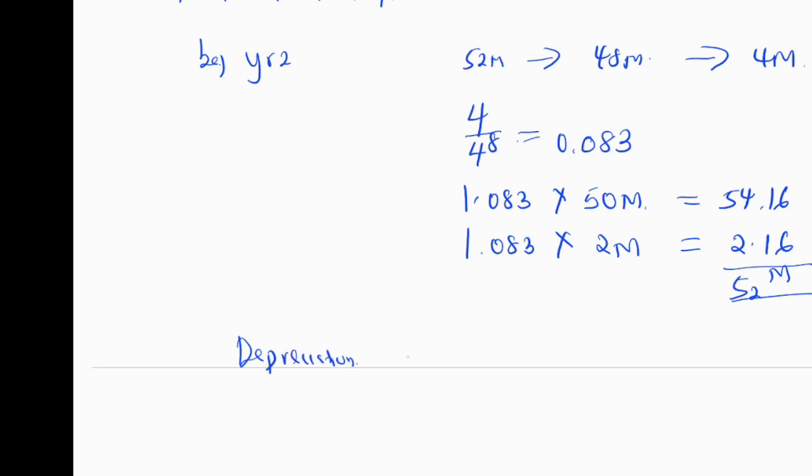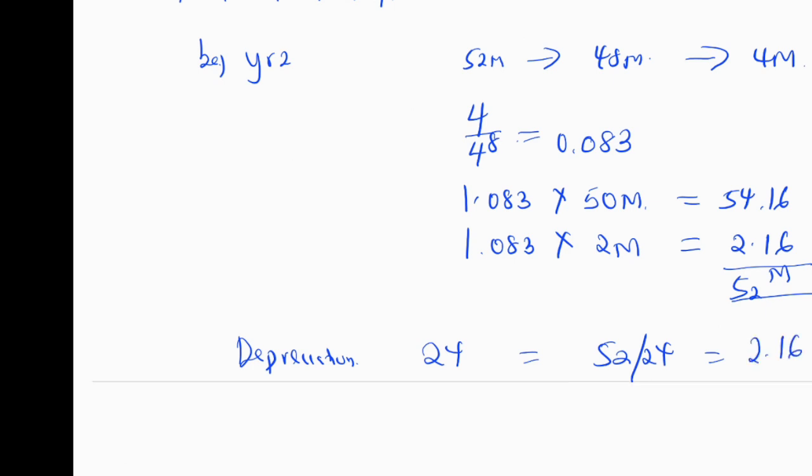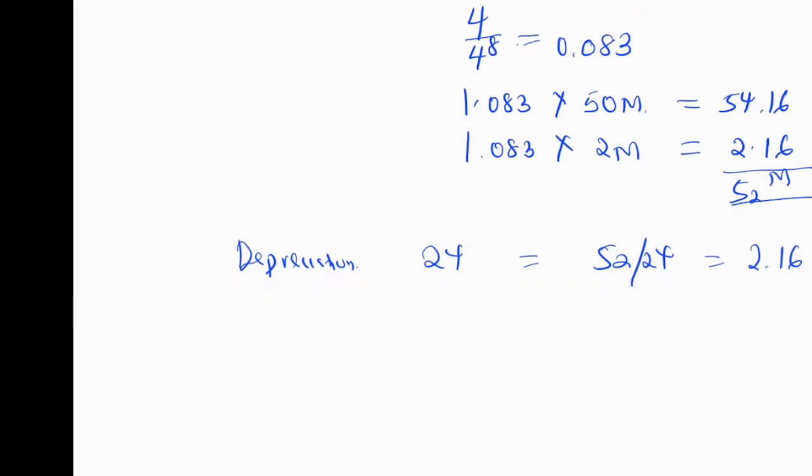How many years have you remained with? 24 years. So you will say 52 million divided by 24, and this will give you again the same amount, 2.16.